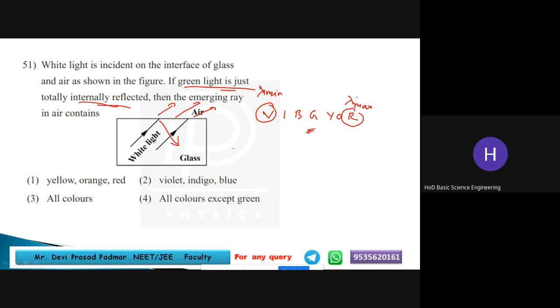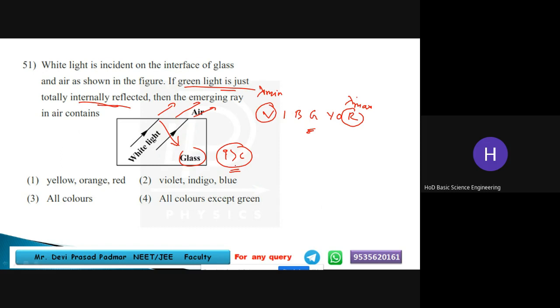So for total internal reflection, angle of incidence must be greater than critical angle. That is one condition. And the second condition is valid here because light moves from denser medium to rarer medium, glass to air. So now we have to check whether this I is greater than C or not.